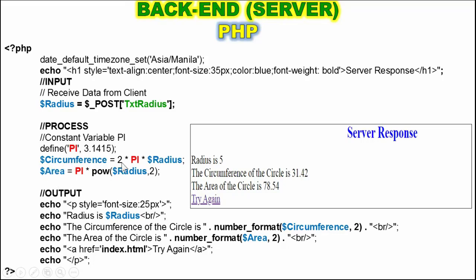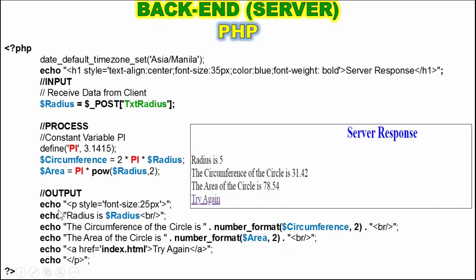$circumference is equal to 2 multiplied by the constant variable pi multiplied by $radius will calculate the circumference of a circle with a given radius, followed by $area is equal to pi multiplied by the math built-in function pow, which will calculate the value of the radius raised to a power of 2 for the area of the circle.